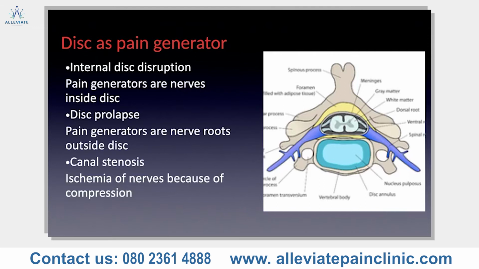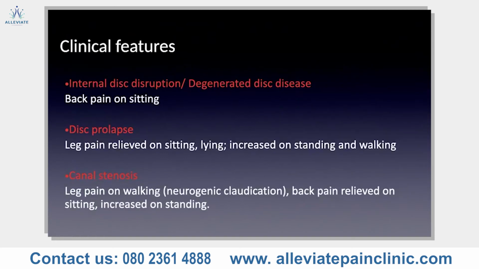So this favors the diagnosis of IDD. In disc prolapse, the pain generators are usually the nerve roots outside the disc. It can be the exiting nerve root or the traversing nerve root. And in lumbar canal stenosis, the pain generator is the ischemia of the nerves because of the compression.